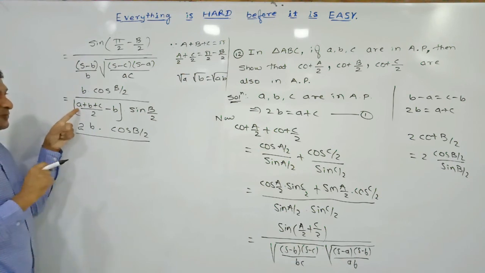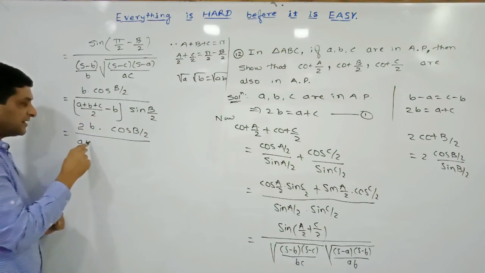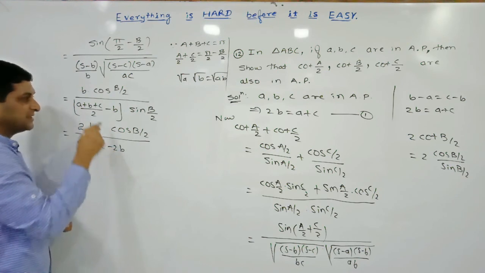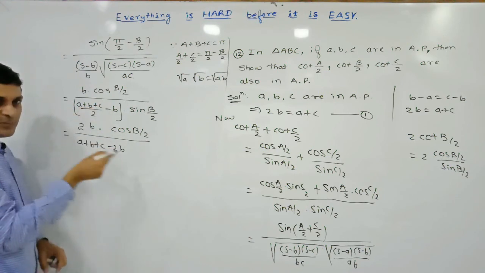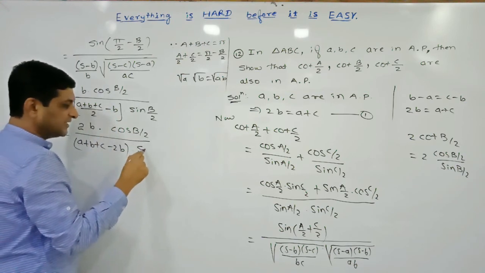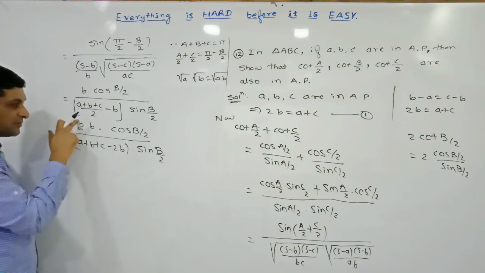If I multiply the first term in the denominator by 2, the 2 will get cancelled. What is the remaining term here? A plus b plus c, and here we will get minus 2b. This result we have got by multiplying the denominator by 2. And keep sine B by 2 as it is.